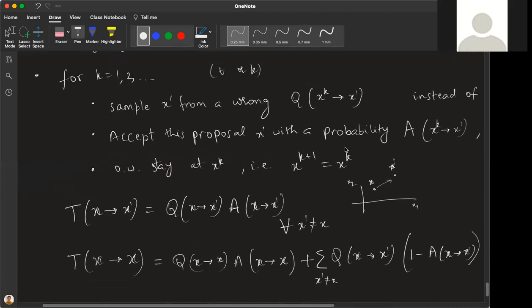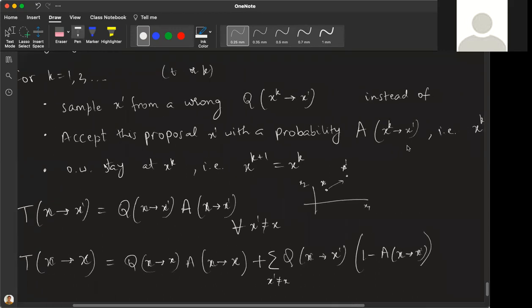So remember, in rejection sampling, you used a trick to design your A. What was that trick? The trick was you took a ratio of p x upon some M times q x, right?